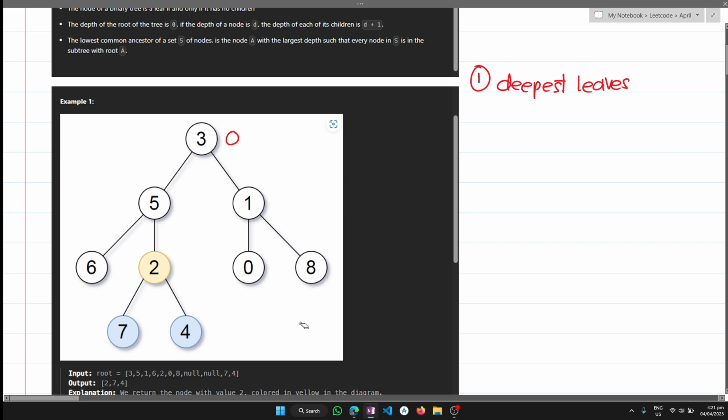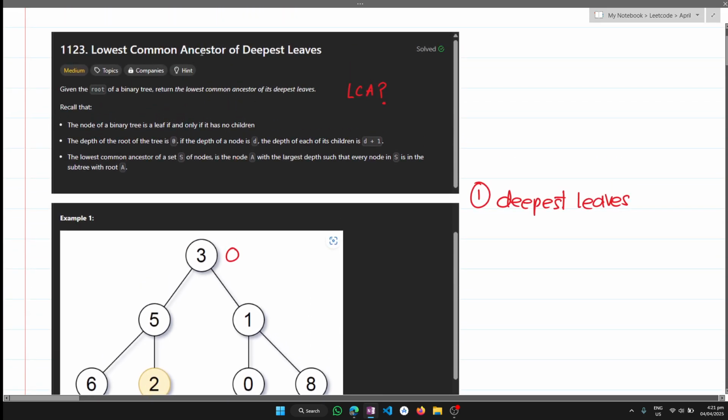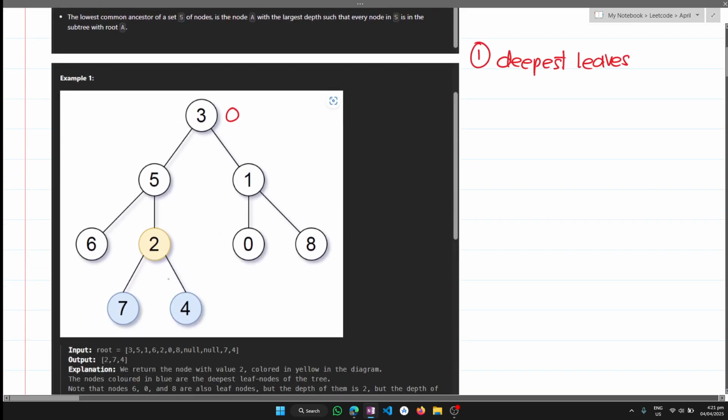Now, let's say we have figured out that 7 and 4 are the deepest leaves. Now what I need to do is find the lowest common ancestor. What is an ancestor? It's like, who's the parent of this 7, who's the parent of this 4. So 2 is basically the ancestor of this, right? Root is basically the ancestor of this entire tree.